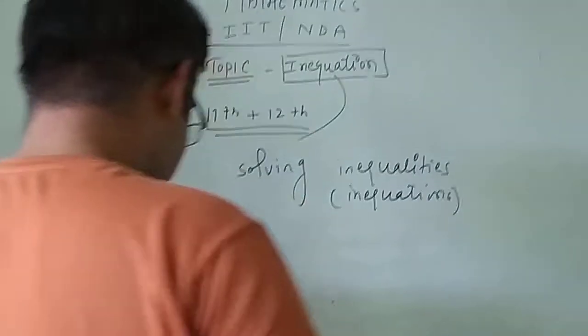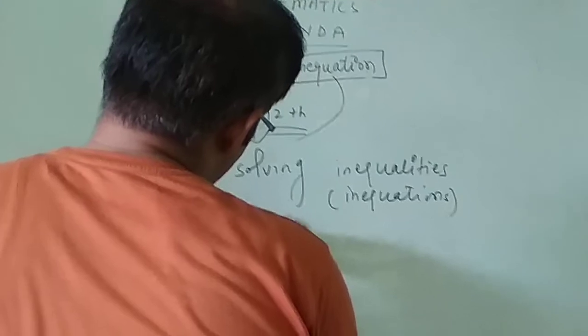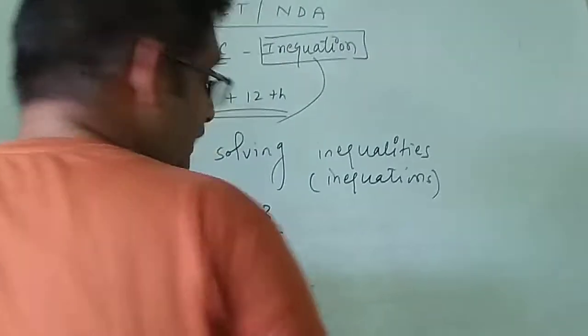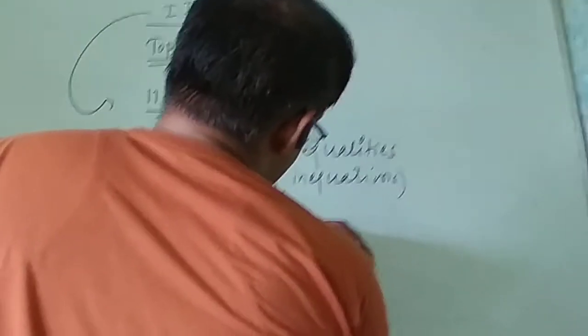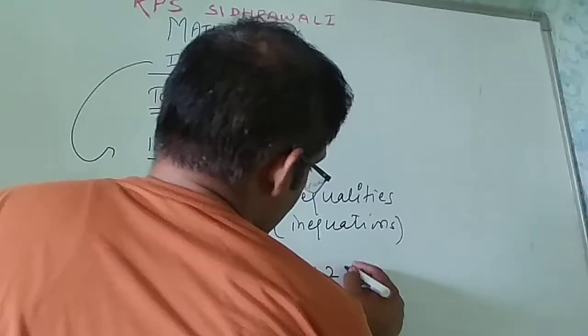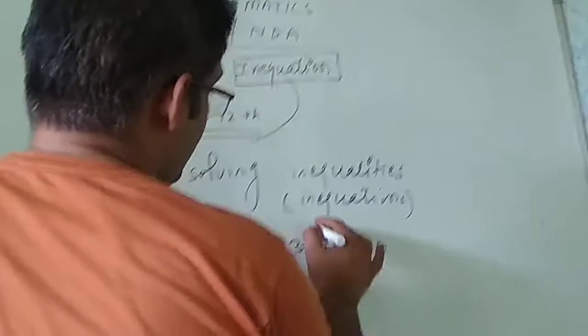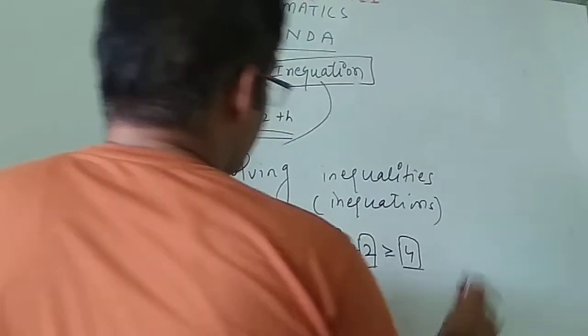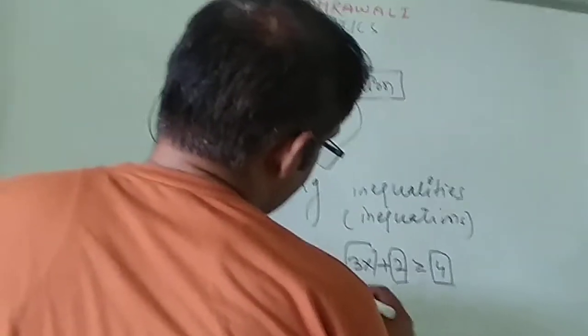Rule number 3. Terms: in 3x plus 2 greater than or equal to 4, 3x, 2 and 4 are the terms of an inequation.